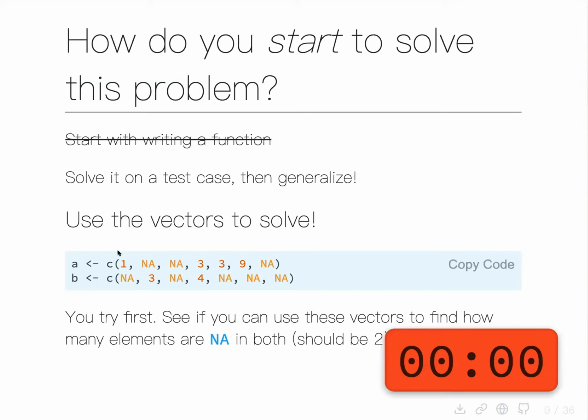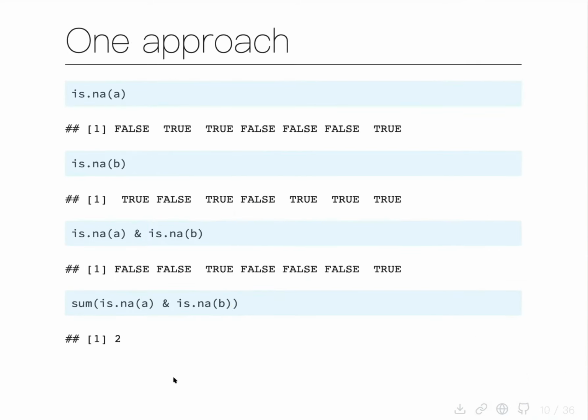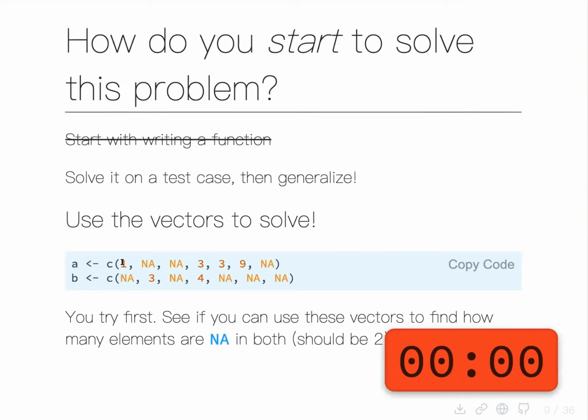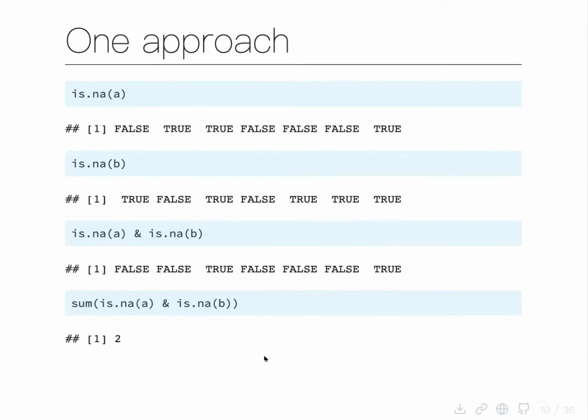Yes, it's because you're saying A or B for each of these is NA. I'd have to think through that a little bit. I thought I had it, but now I'm not sure I do. But if it works, great.